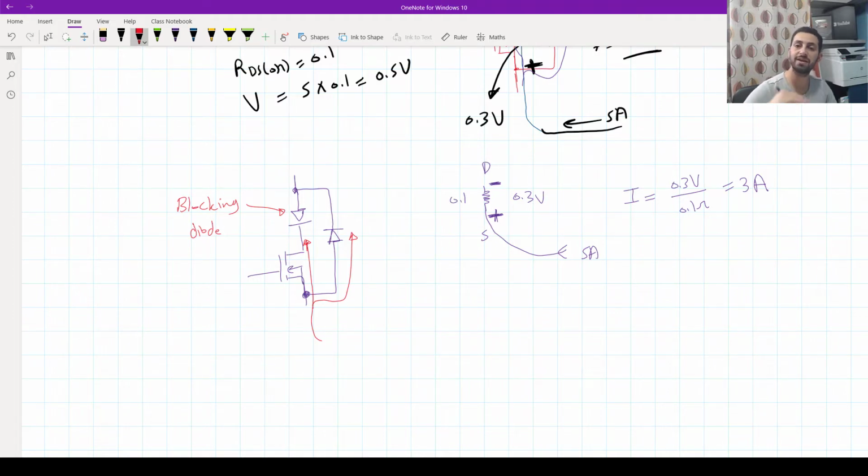So in that case, they are reducing the conduction losses and the heat and maybe the size of the heat sink by just installing one external series diode, which is the blocking diode, as extra. So these are extra information. You don't need to consider this as an answer, but it's good to know.